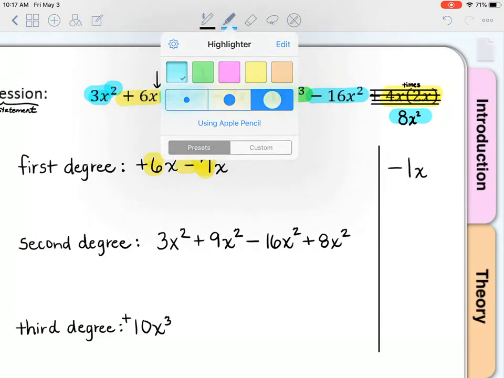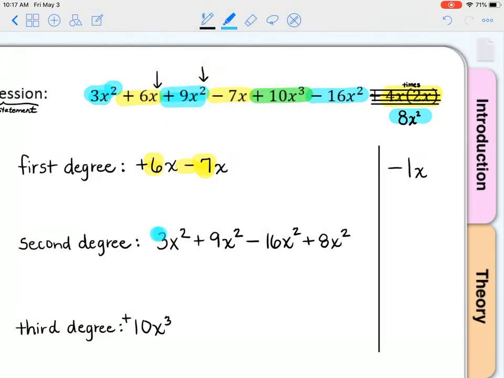On this second one, you're going to say 3 plus 9 minus 16 plus 8. And I'm going to do that too, just to be sure we're getting the same thing. So all clear. 3 plus 9, subtract 16, add 8 equals, and I got a 4.